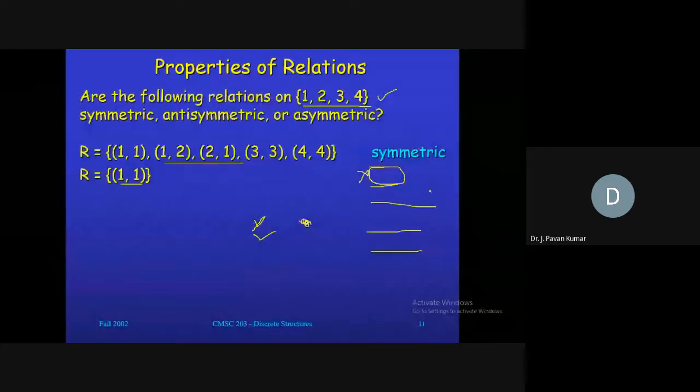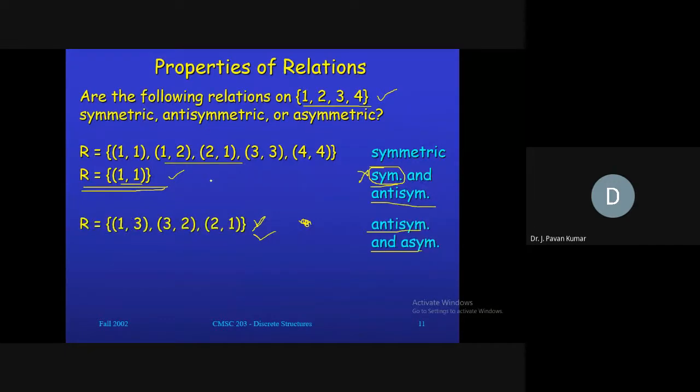Sorry, ma, thanks for reporting. R is equal to 1 comma 1. Whatever pairs we have, we should have corresponding symmetric pairs. For 1 comma 1, the symmetric pair is 1 comma 1 itself. So it is a symmetric relation. Yeah, actually I mapped it to the reflexive relation definition. That's why we went wrong. Any other doubts?